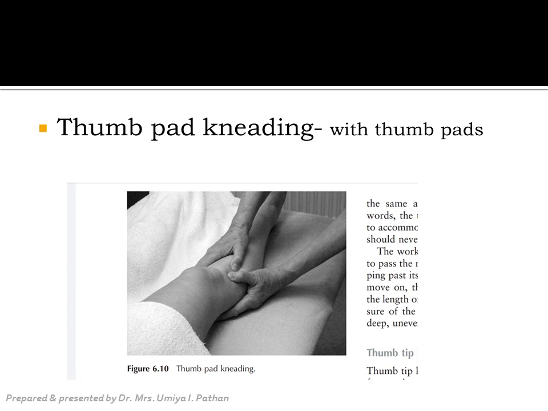This manipulation is usually performed by resting your fingers on the opposite side of the limb or more laterally on the back. But when working on the face or in the presence of any contraindications, the fingers should not rest on the subject.